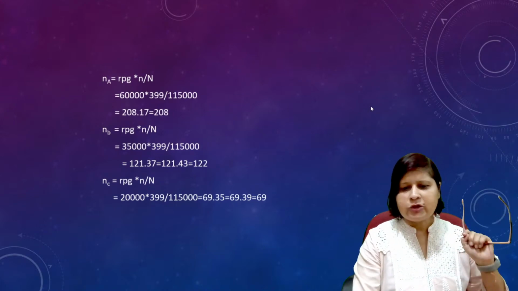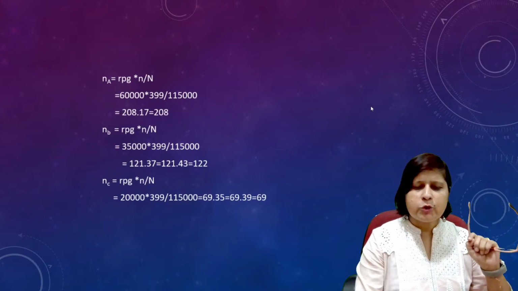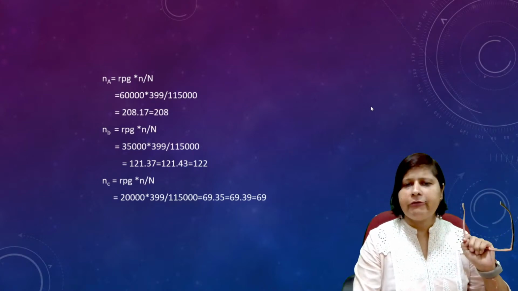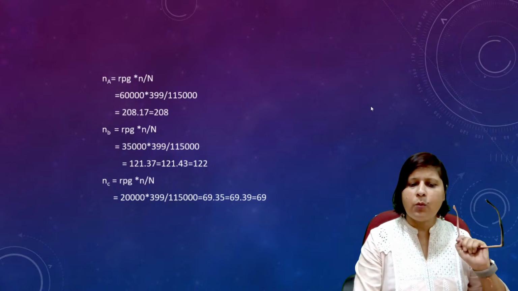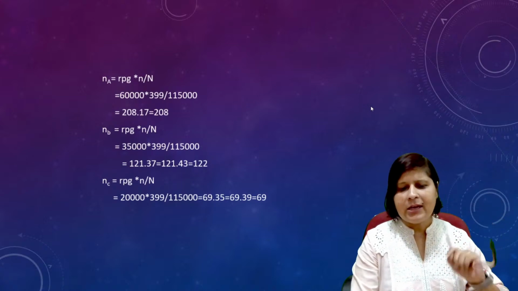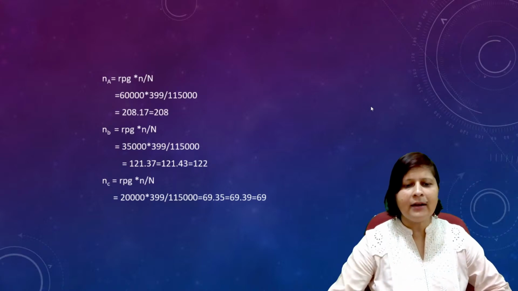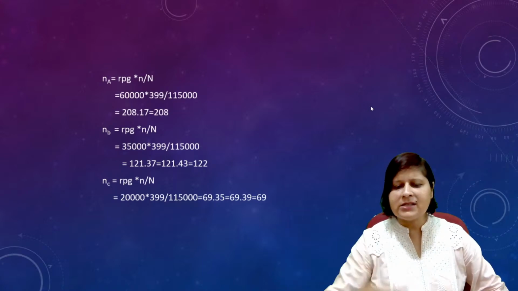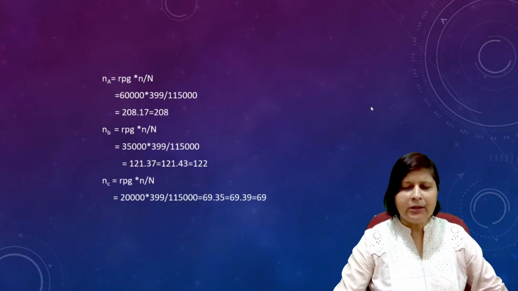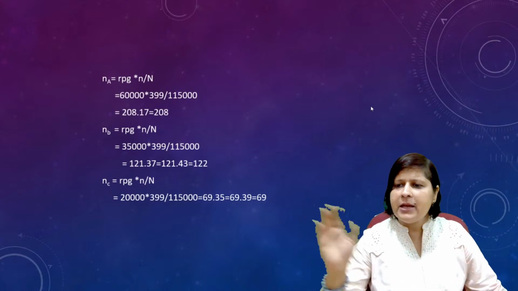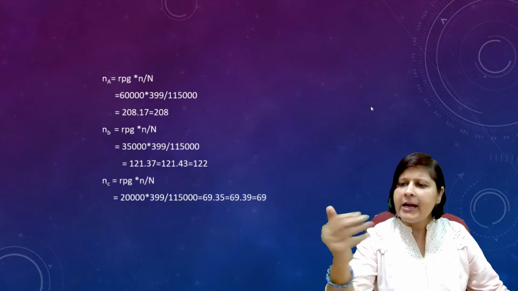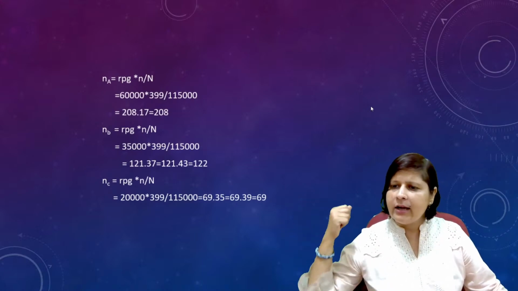Right? Sample size should be 122. And for stratum C, the population was 20,000. When I apply the formula, the sample comes out to be 69. And when you add 208 plus 122 plus 69, it comes out to be 399. So you cannot choose it randomly, 100, 99, or 199.